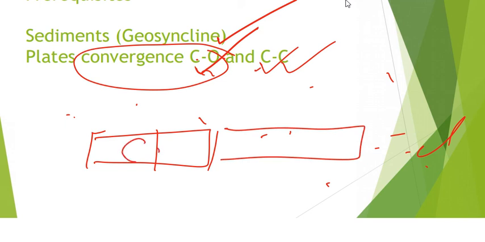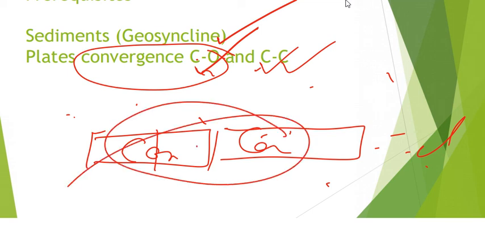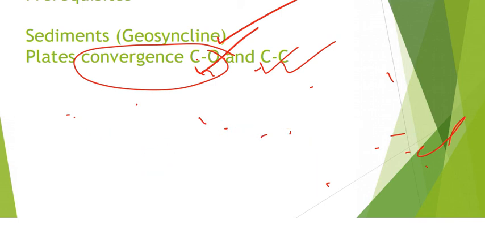Okay, clearly understood, right? Now we will go to continent interaction. This will result in what? Nothing, unless it has a geosyncline below them.